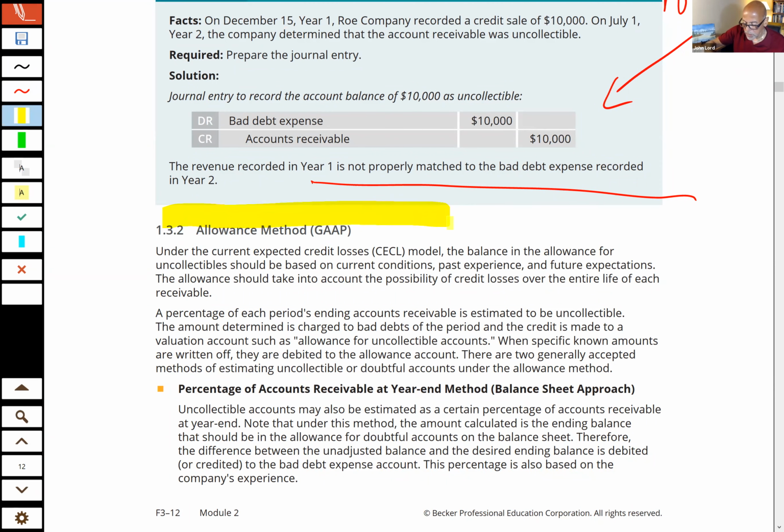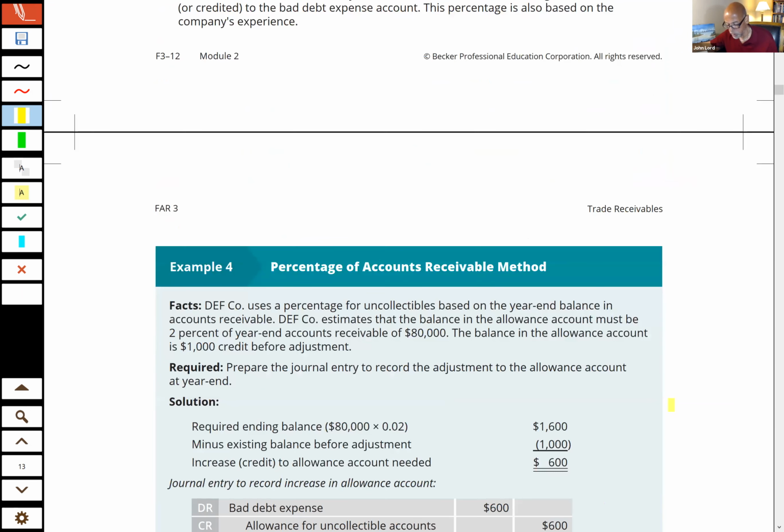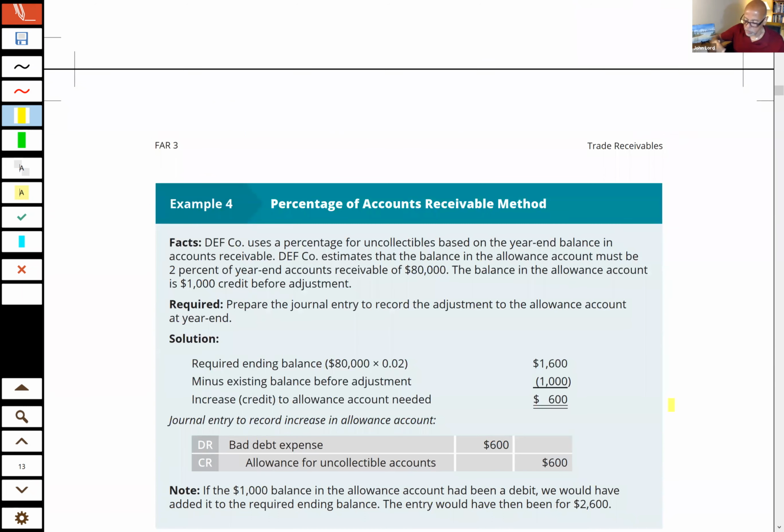And one is to take the percentage of accounts receivable at year end, which we are calling the balance sheet approach, was the only approach available to us anymore. And so with the percentage of accounts receivable method, the balance sheet approach, they look here and they say, well, you've got 80,000 and your experience is that 2% is not collectible.